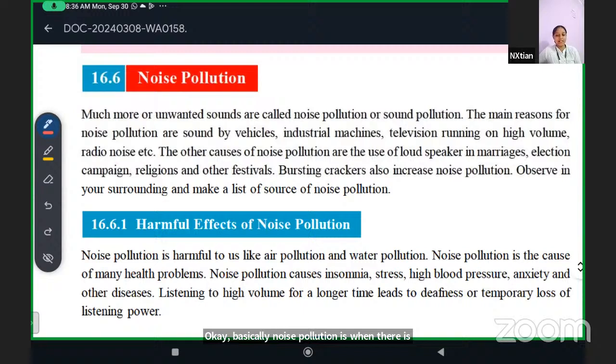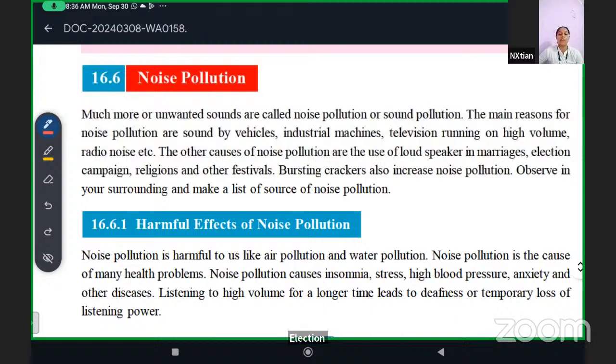The main reasons for noise pollution are sounds from vehicles, industrial machines, television running at high volume, radio noise, etc. Other causes are the use of loudspeakers in marriages, election campaigns, religious and other festivals.